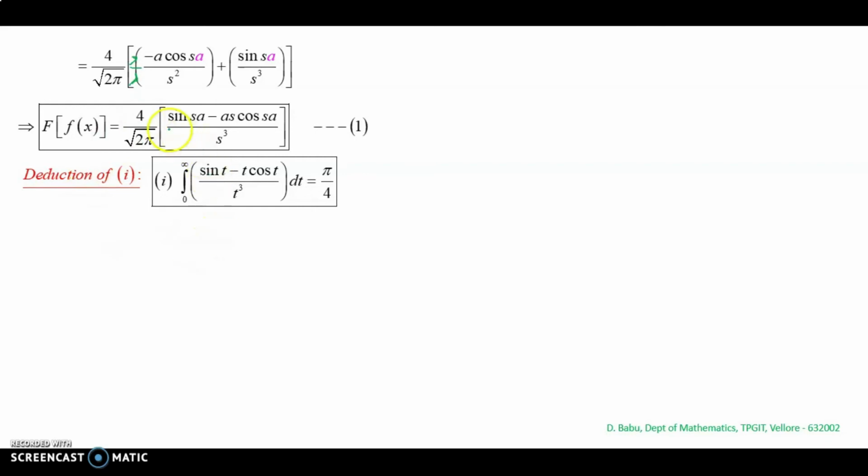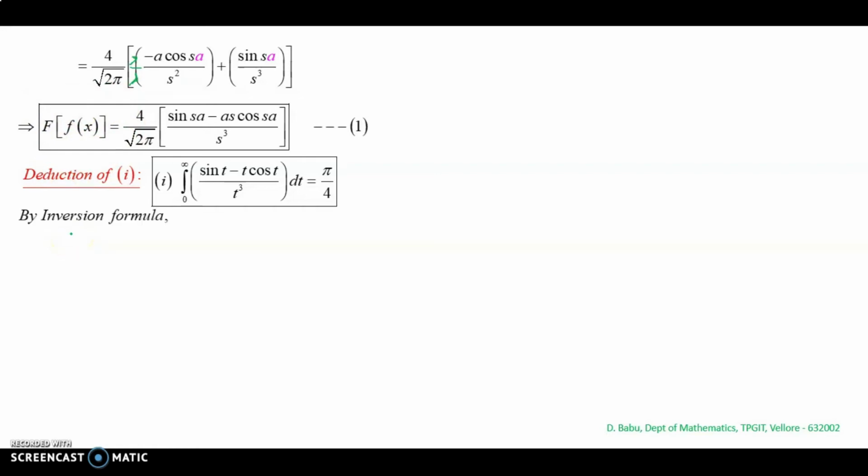So here compare this with equation 1. Here t cube, here s cube. Numerator is sin t minus t cos t. Here numerator is sin sa minus as cos sa. It is almost the same. Therefore, this deduction is similar to Fourier of f of x. Therefore, we have to apply inversion formula.